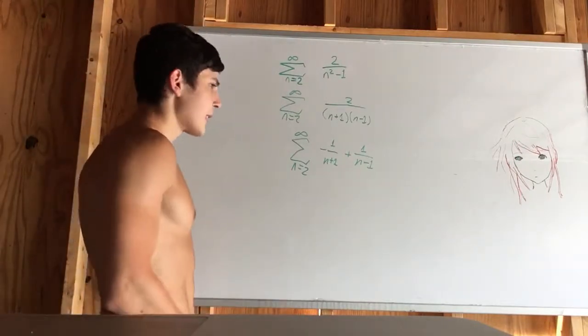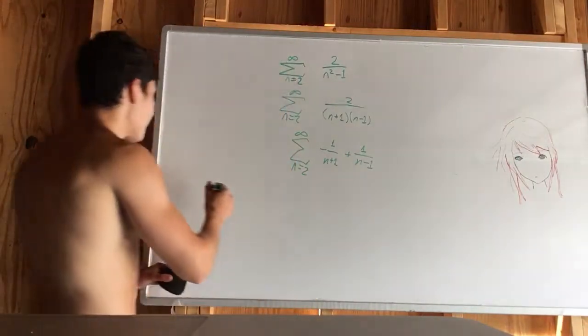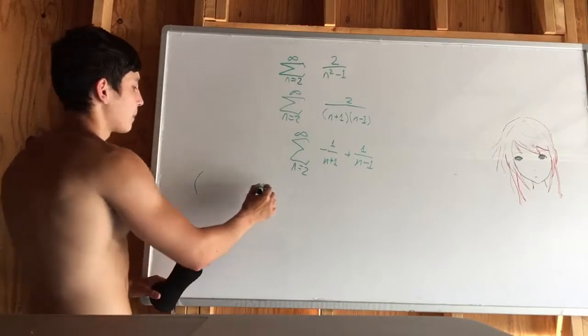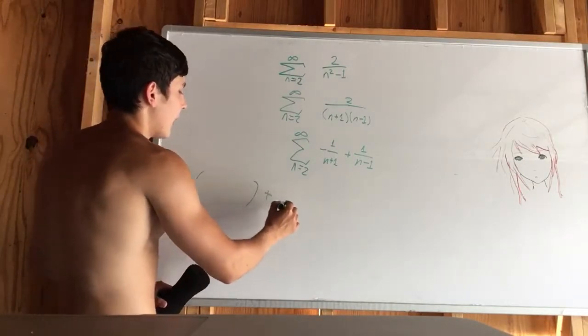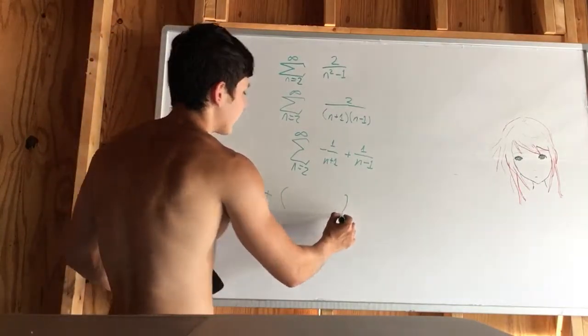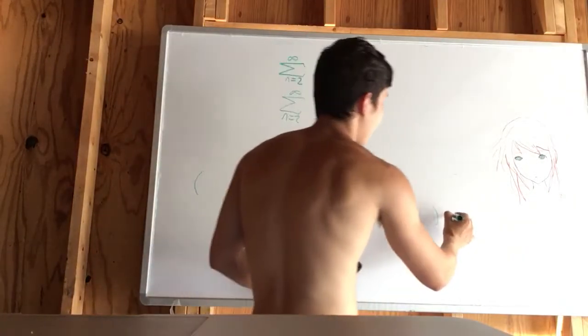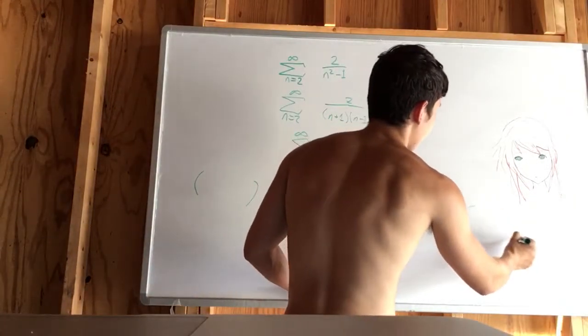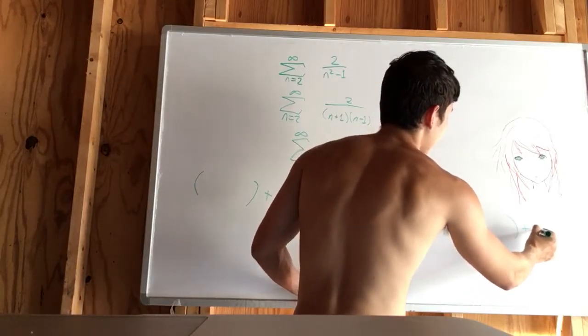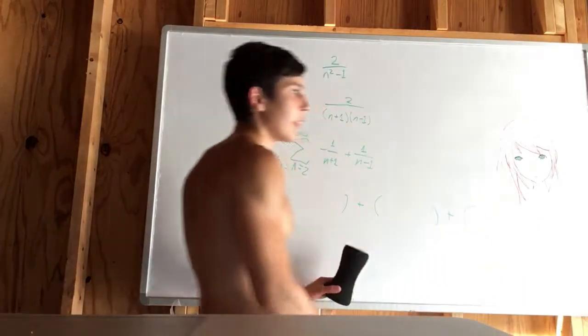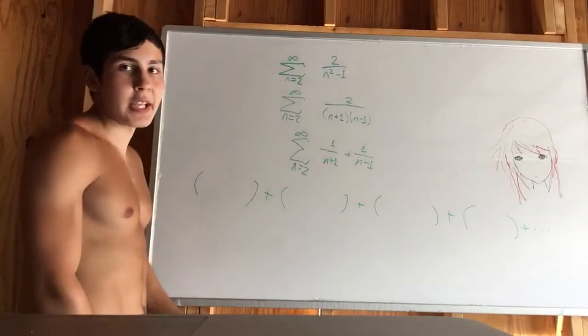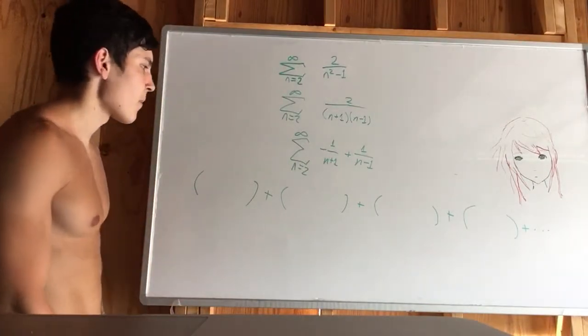Now, remember what a series is. With a series, we have a term, and then we add the next term, and then we add the next term, and we add forever if it's an infinite series, as it is in this case.